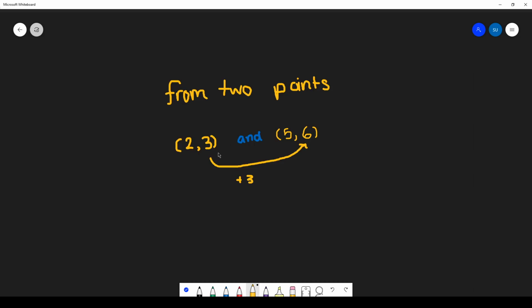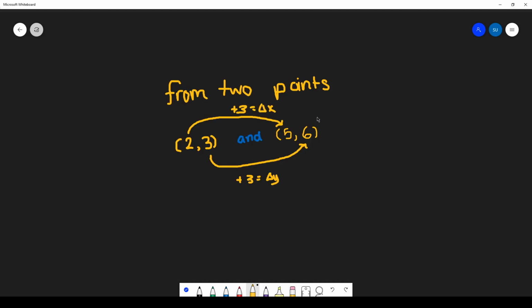And for the differences between the x's, that is also a plus 3 gain, because 2 plus 3 is 5. So this is the delta y, and this is the delta x.